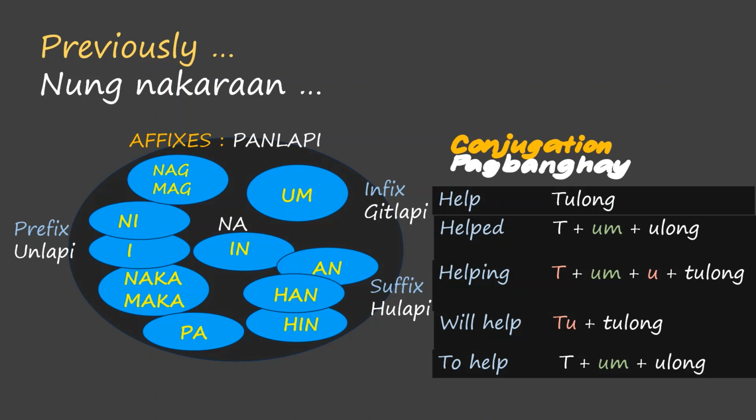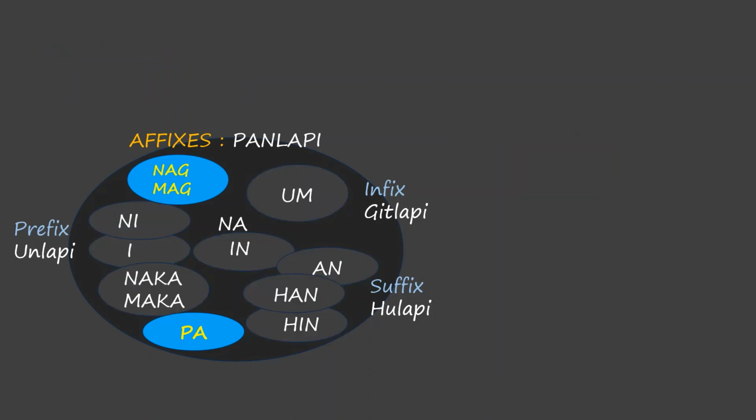If you want to go back to the lessons for this, the link will be in the description below. Our lesson today will focus on using the combination of nag, mag, and pa to form verbs that describe actions that others do for you.